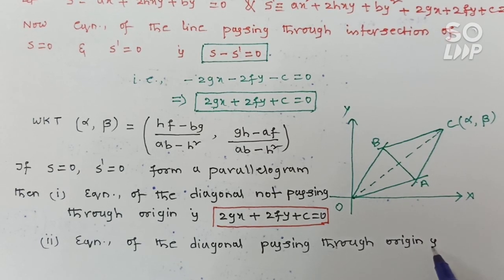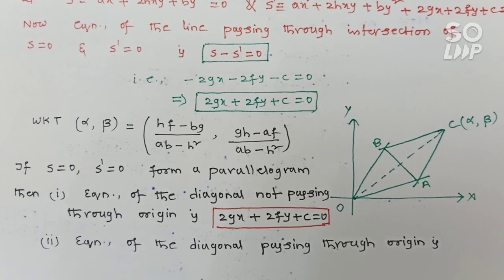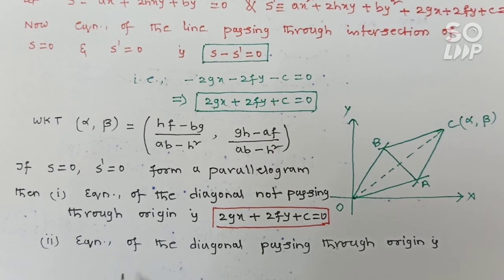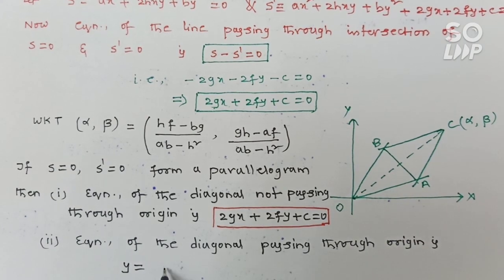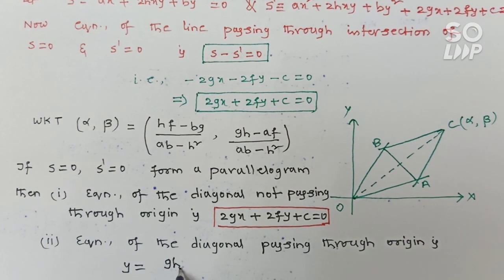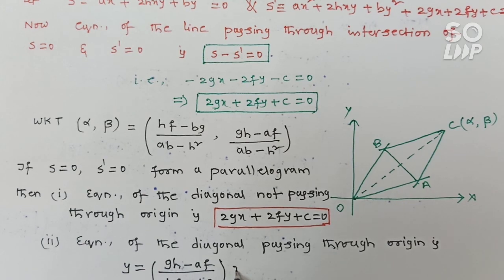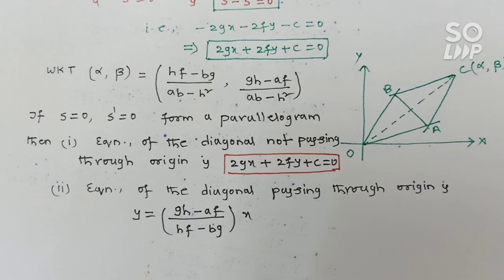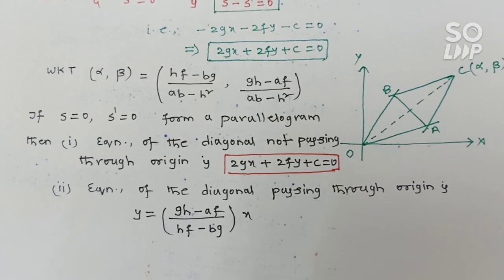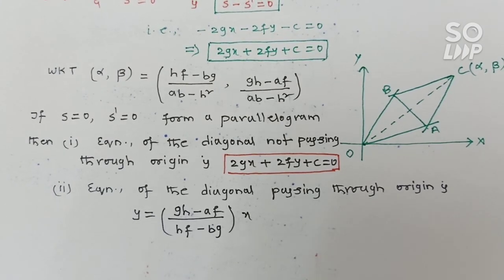What is that formula? y is equal to the slope of OC, that is gh minus af by hf minus bg, into x. So this one is the equation of the diagonal passing through origin.